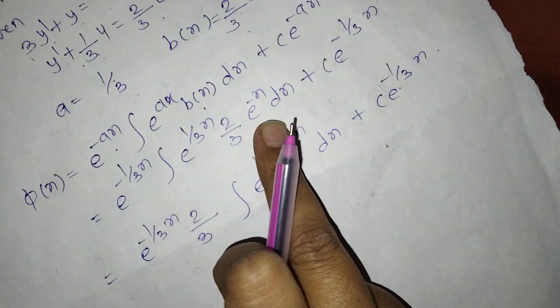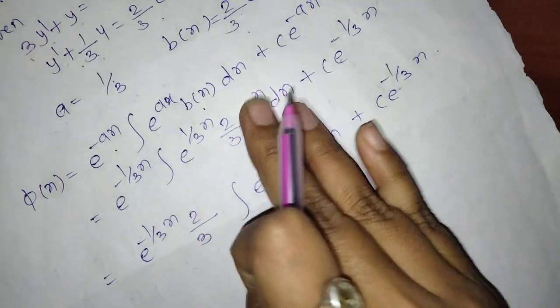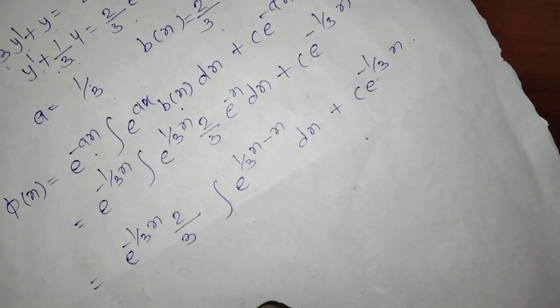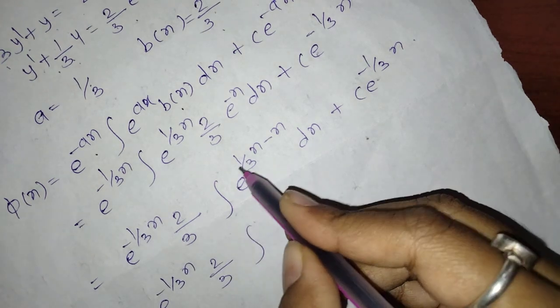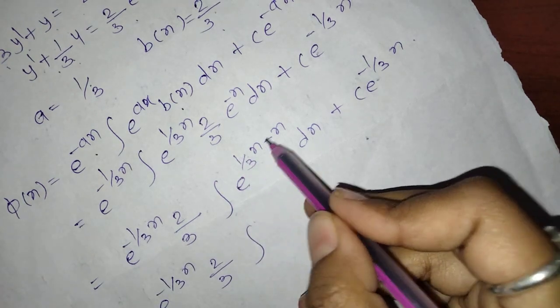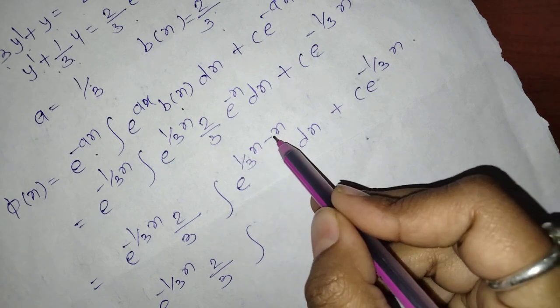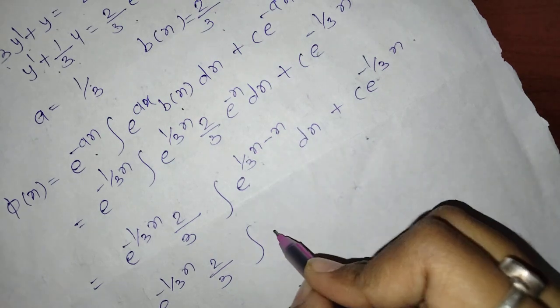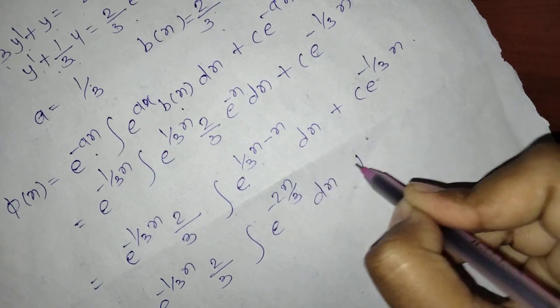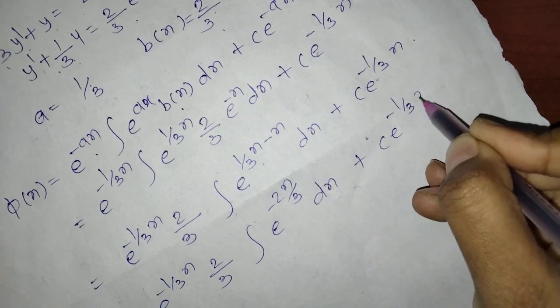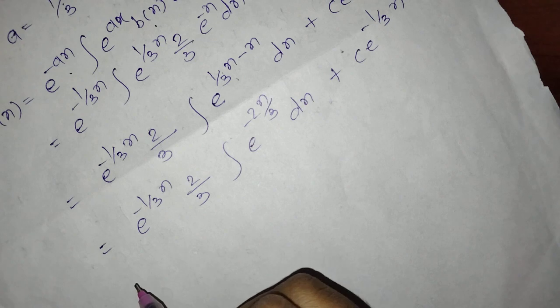Here bases are equal, that's why we take the addition of the powers. So e raised to minus 1 upon 3x, 2 upon 3 integration of e raised to 1 upon 3x minus x, that is x minus 3x upon 3, which is minus 2x upon 3, dx, plus c e raised to minus 1 upon 3x.